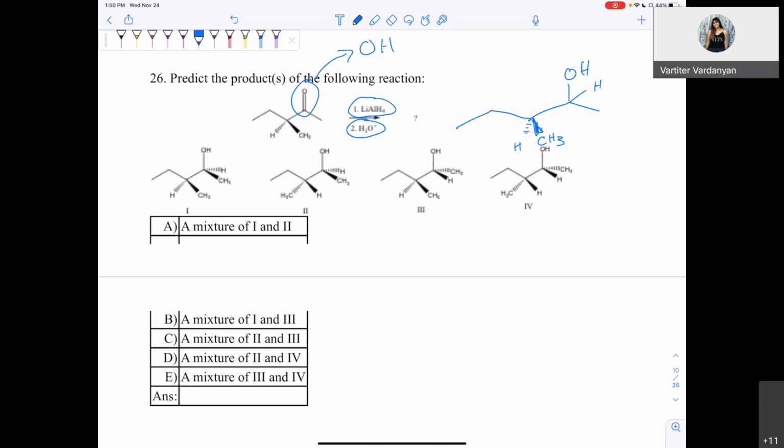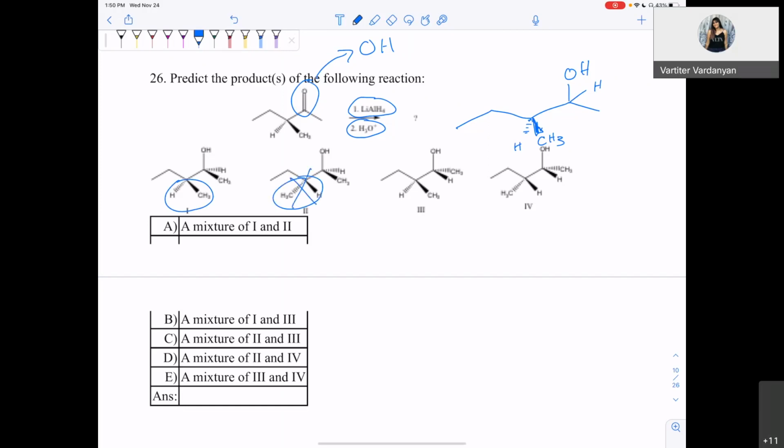Since the double bond is planar, when we add the hydrogen to that carbon, can we decide if it adds wedge or dash, or is it going to do both, or neither? It can add either way. Yes, both. Cool.